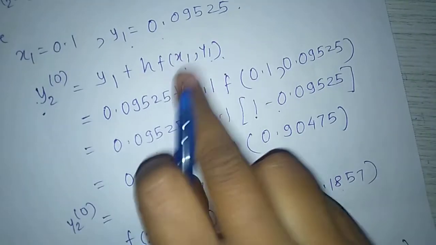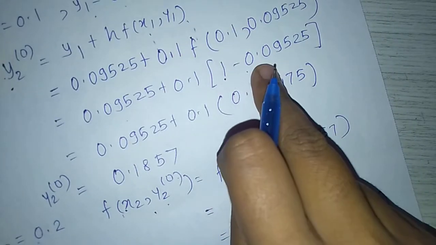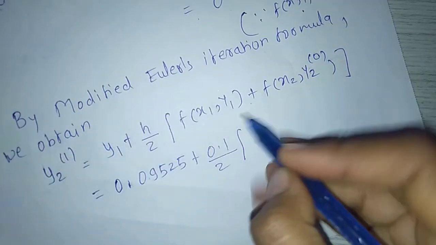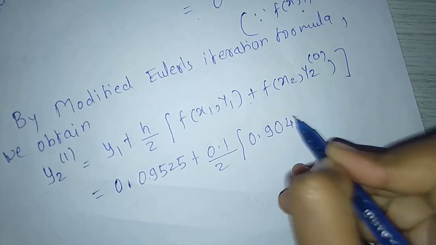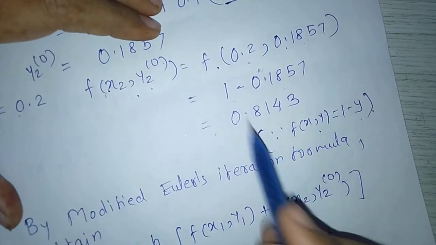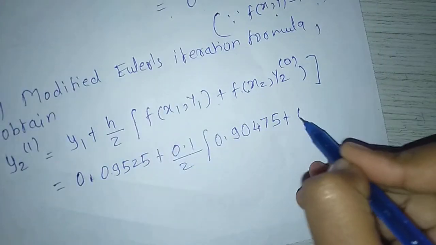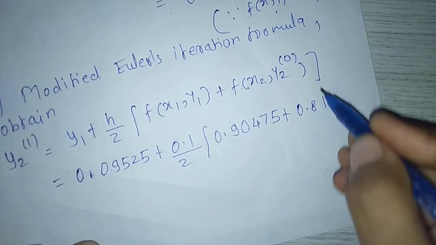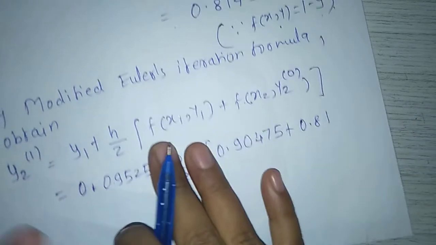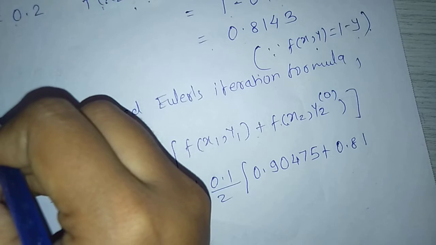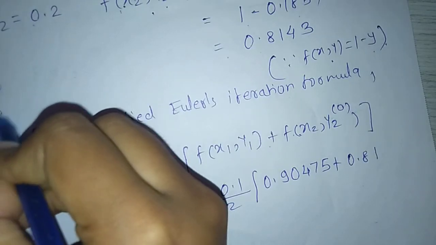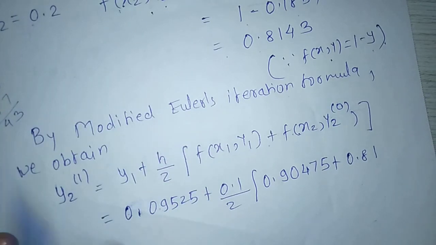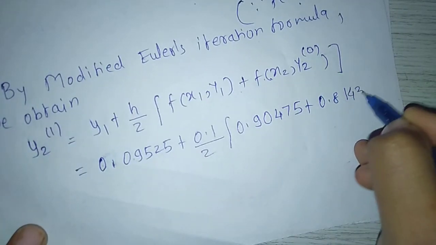F of x1, y1 means 1 minus 0.09525, which is equal to 0.90475, plus f of x2, y2 raised to 0, which is 0.8143.